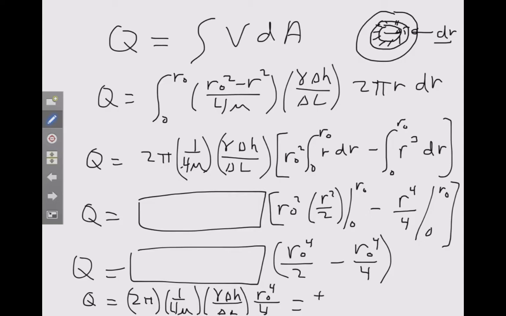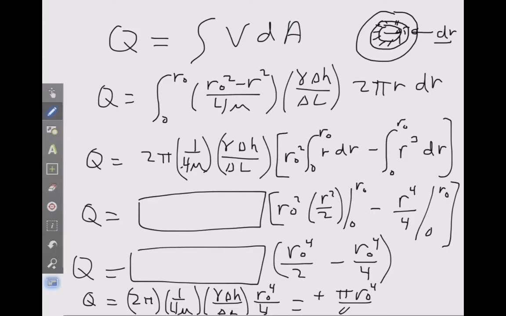Positive flux, volumetric flux, is going to be pi R0 to the 4th over 8 mu times gamma delta H delta L. Man, I'm just not sure I'm going to be able to squeeze that in there. Let me try one more time.